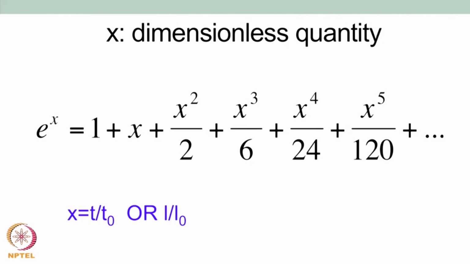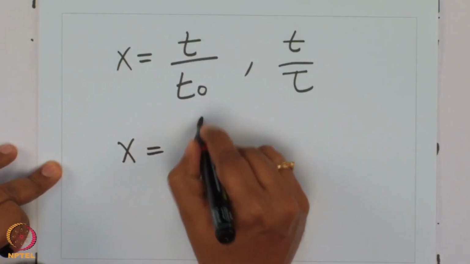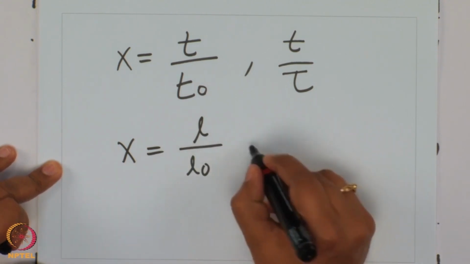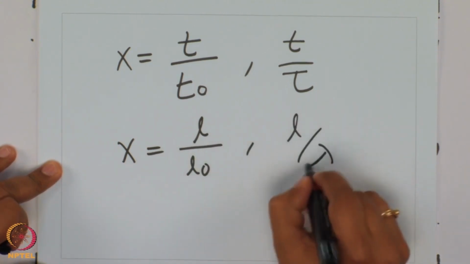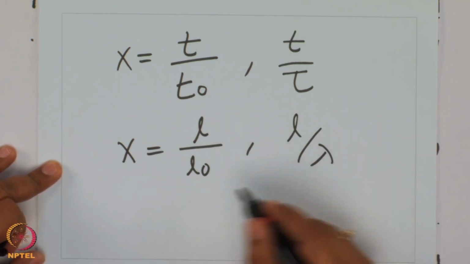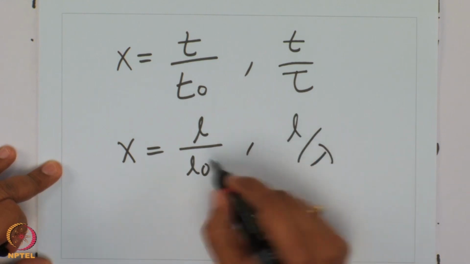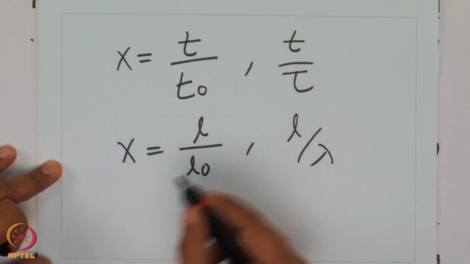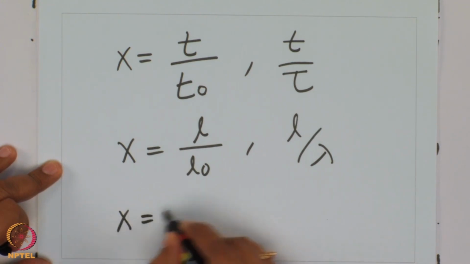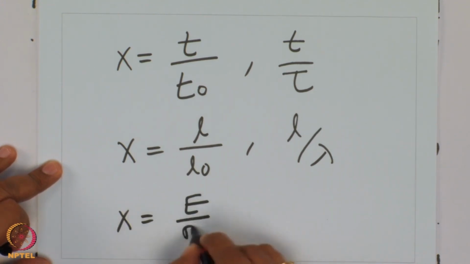And some other times x will be some ratio of lengths, so L by L0 or L by lambda. All the lambda, L0 are some kind of lengths. So when we write this as a ratio, this will of course not have a dimension. You will also see other forms, like E by RT.